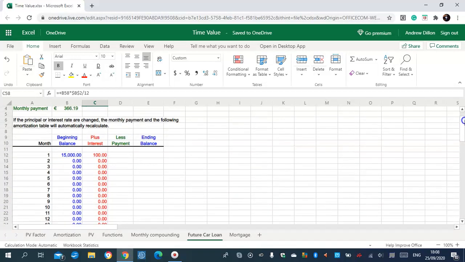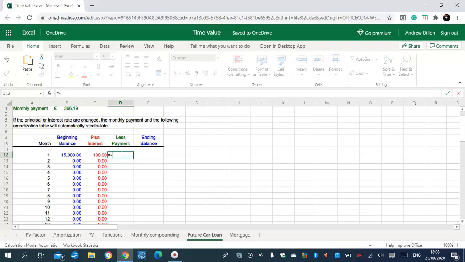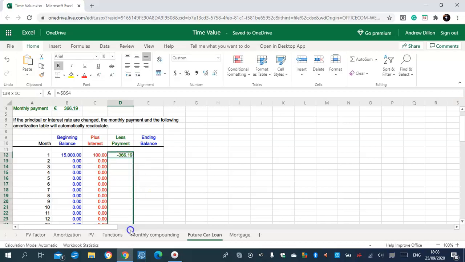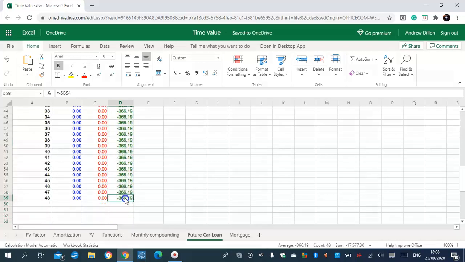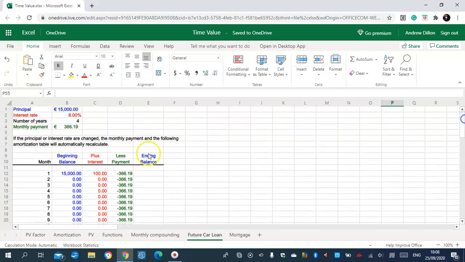Next step I need to calculate is the less payment. Okay, last but not least, the ending balance.